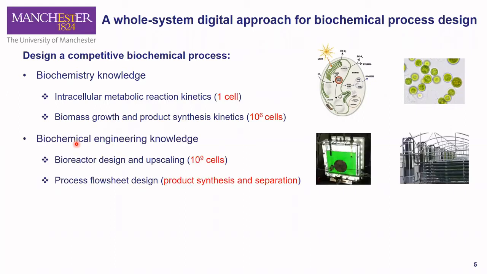We also need to understand the biochemical engineering knowledge, which focuses on the scale up and the design of the bioreactor. And in industrial fermentation process, we may often have 10^9 cells, and we know each cell has thousands of metabolic reactions. So fundamentally speaking, we are dealing with a huge number of reactions, and it's a very complex reaction network. We also need to consider the economic aspect of the process.